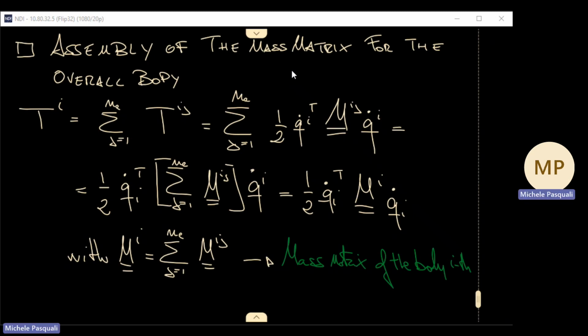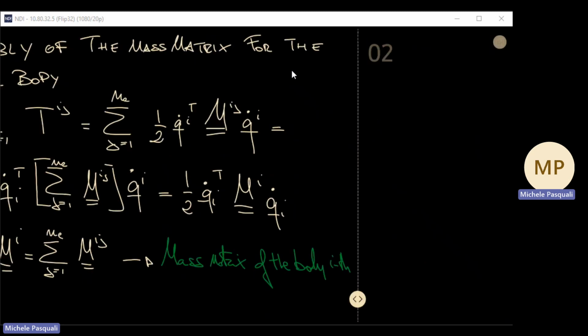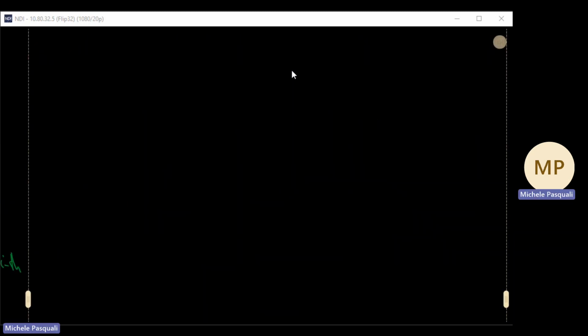And in this sense, how do we calculate and assemble the inertial shape integrals of the body, starting from the shape integrals for the elements? Well, it's actually quite straightforward. We're going to only see a couple of examples, and that's it.